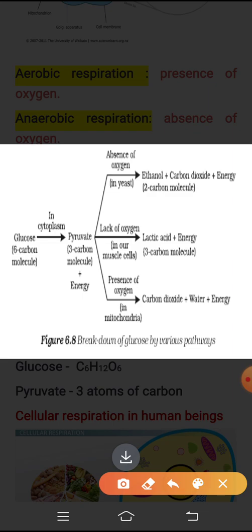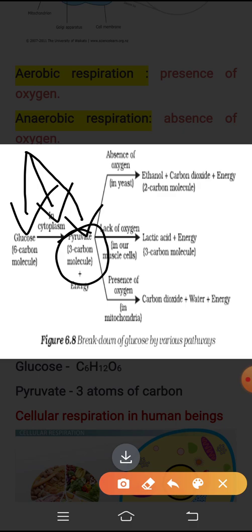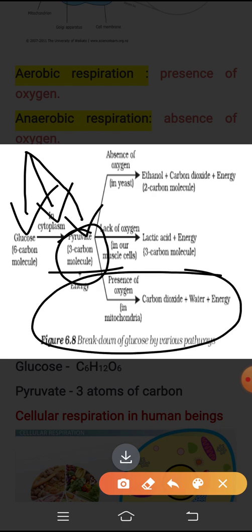Okay, so as I told you, the glucose present in the blood enters the cytoplasm, that is the cytoplasm inside the cell, right? So the glucose is further broken down to form the pyruvate. What is pyruvate? It is a 3 carbon molecule, right? So I was explaining you this part. So there are 3 different pathways here.